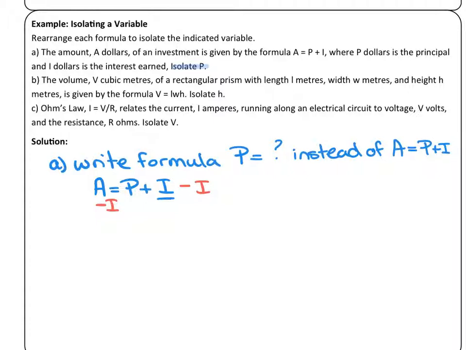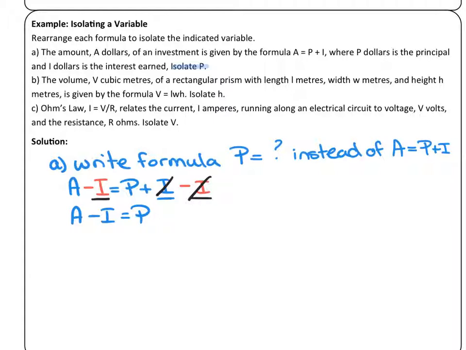Let me rewrite this so it looks a little nicer. It looks like this, minus I. You can see that we have a minus I on this side and a minus I on this side. Positive I minus I will cancel out. They'll go away, and we're left with a formula that looks like this.